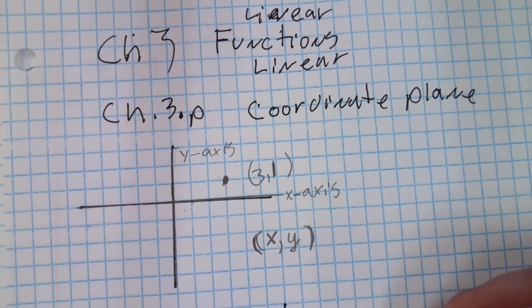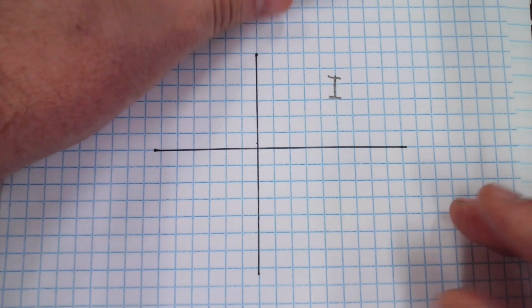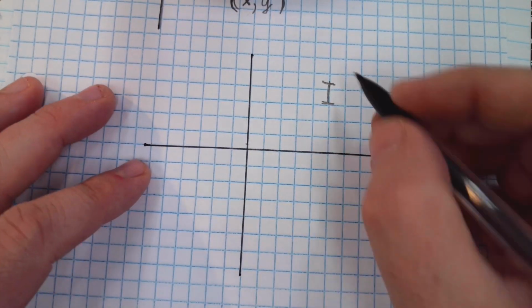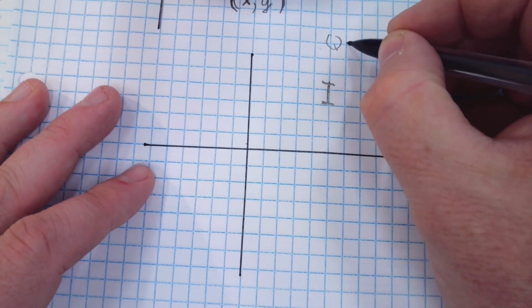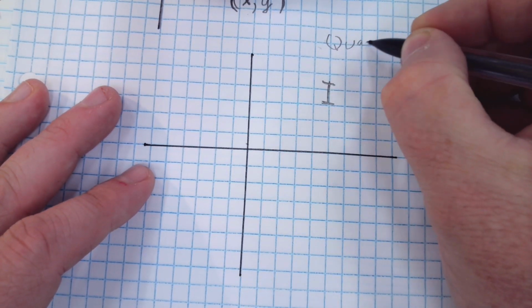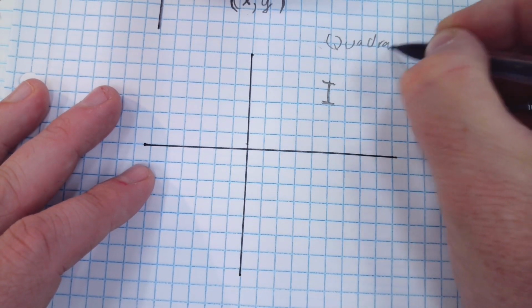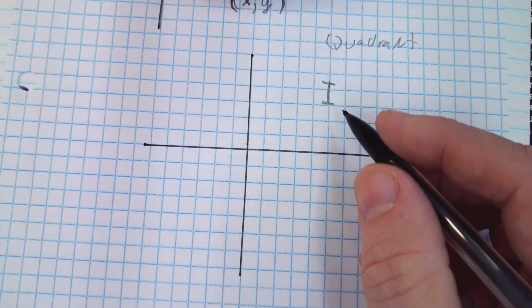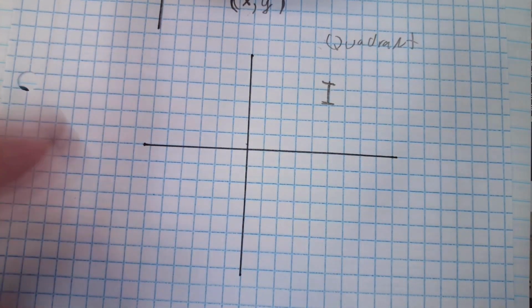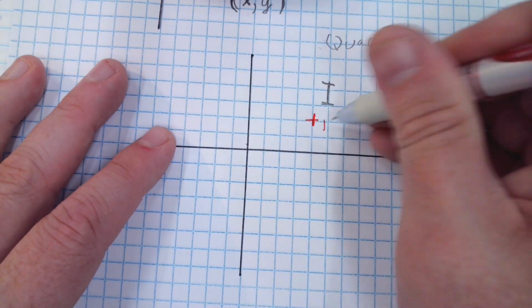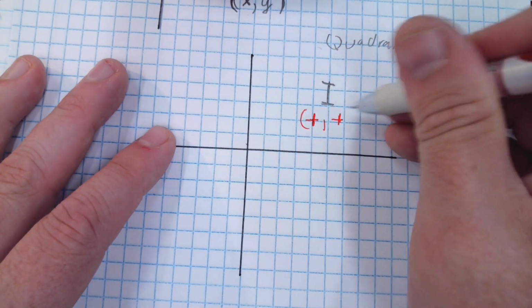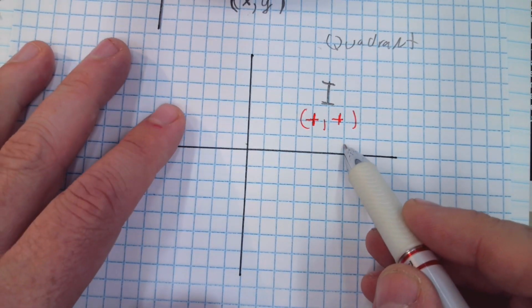And I write I because it's Roman numerals. They just like to use Roman numerals. What is important to remember about quadrant 1 is this is basically the real world quadrant where the x is positive and the y is positive.